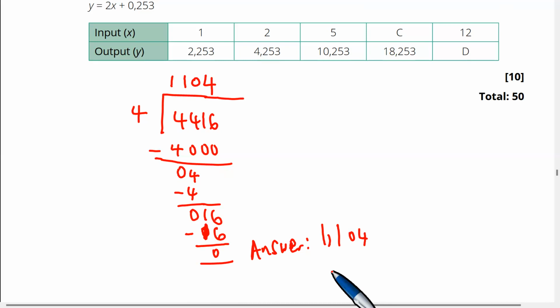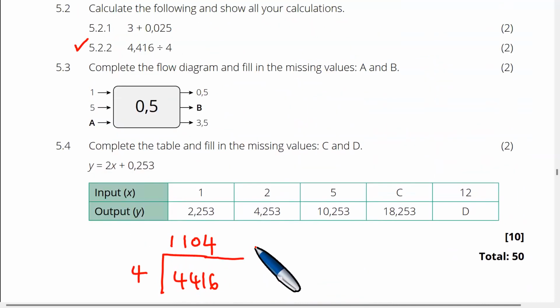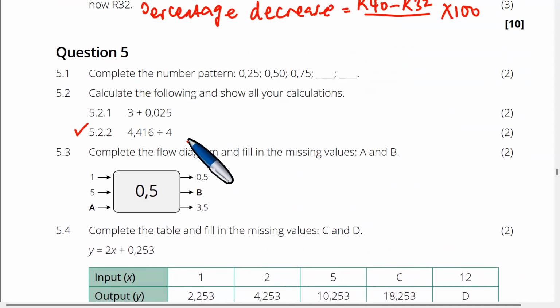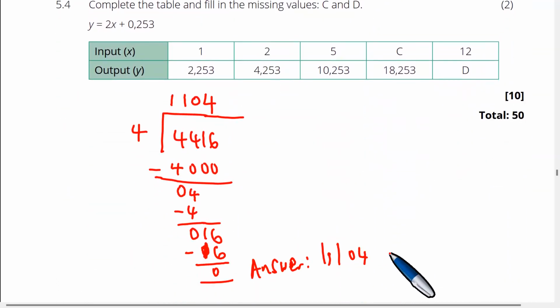Right, so that is what we're getting there. Okay, so that's exactly the answer to this question. So we have shown the steps. So this was the question. You have to divide by 4, and we have basically divided by 4 there.